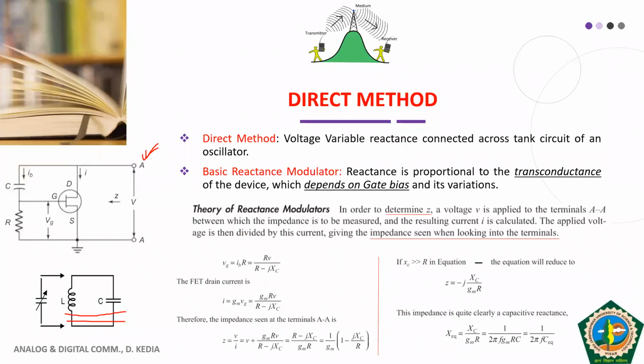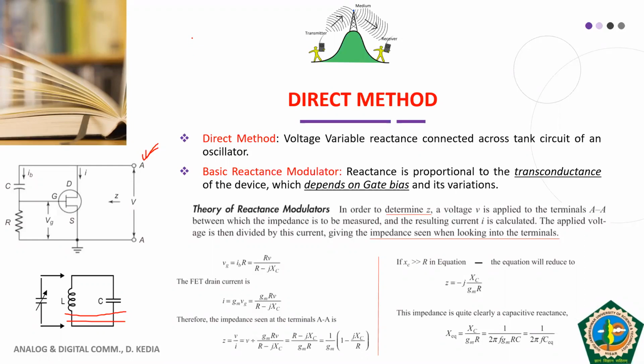Okay, and then next, all of you have read about the working of your BJT, that is your bipolar junction transistor, and the field effect transistor. So I need not go into much detail of that. So you all know that in case of your FET, we have three terminals.